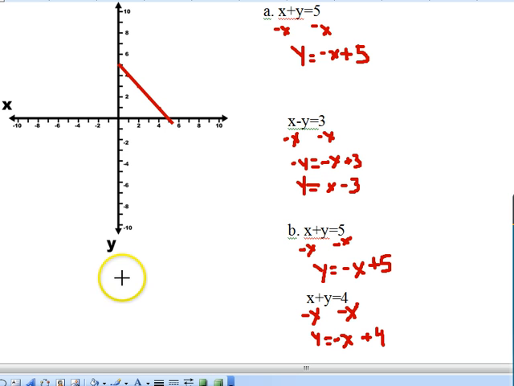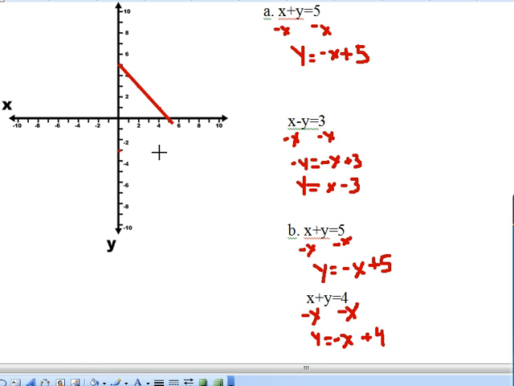Okay. Then I'm going to go ahead and graph this line. This line intersects at negative 3. So, alright, let's go to negative 3 and make our first point.